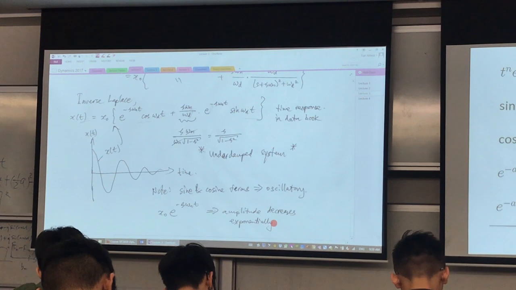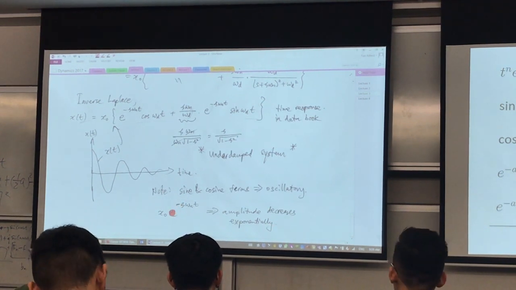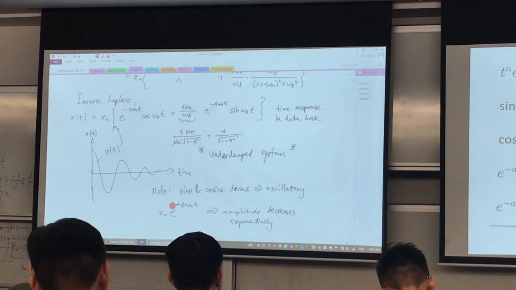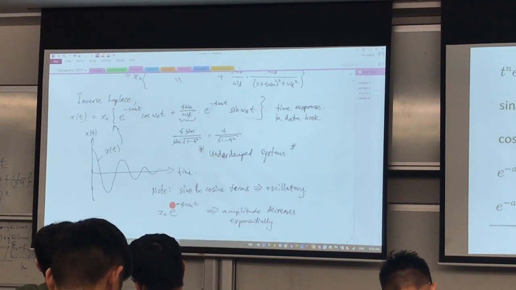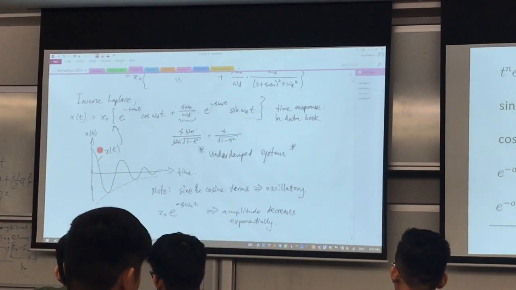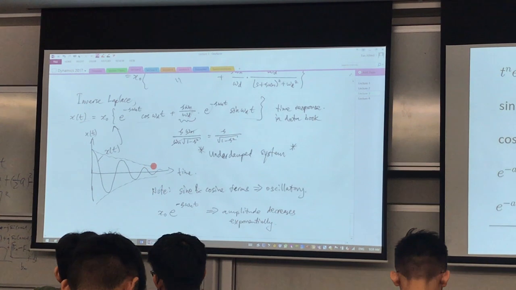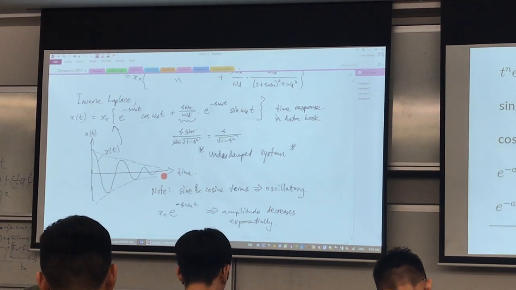Right? Because it's e to the power of minus, it means that it decreases exponentially. Where is that exponential decrease? It's over here and over here. So later on, I'll talk more about these two dotted lines.